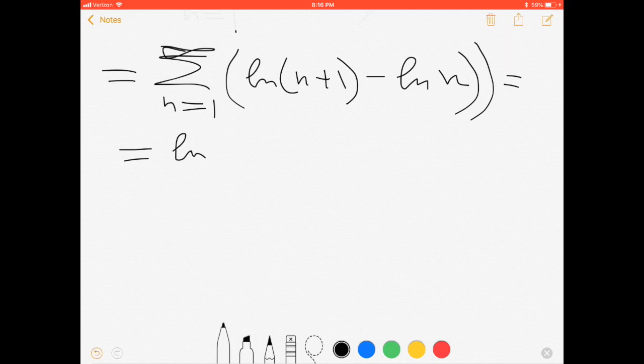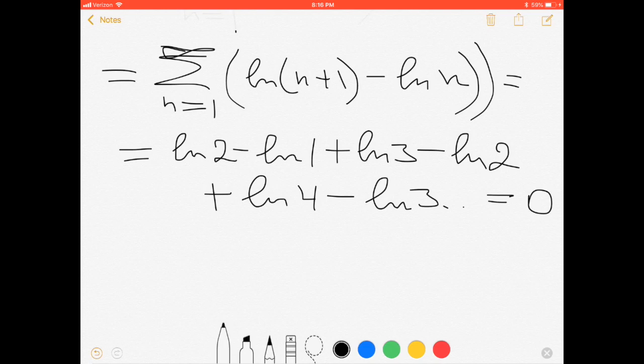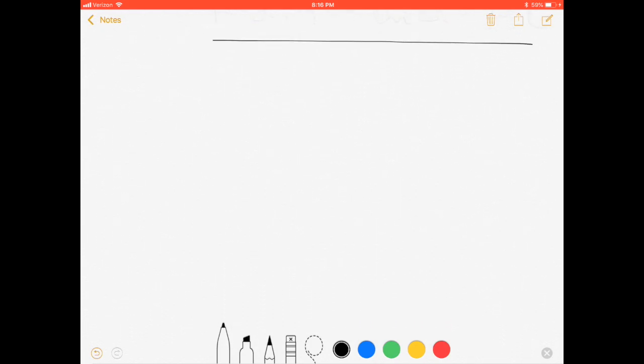N equal 1, you have ln 2 minus ln 1, plus ln 3 minus ln 2, plus ln 4 minus ln 3, and continue. And I think we have 0 here because we have ln 1, which is 0. That's it for today.